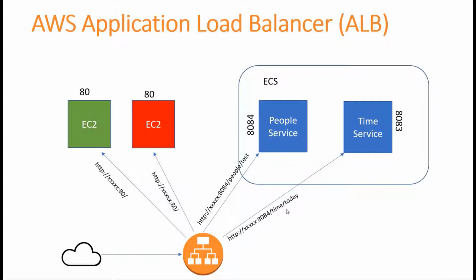In the same way, time is another path rule which I'll add, pointing to the time target group, and this target group will be mounted to this particular ECS service. So what we can understand here is that based on the port or the path, we can define the rule in the load balancer so that the request will be sent to those services with respect to the rule which we have defined in the load balancer.